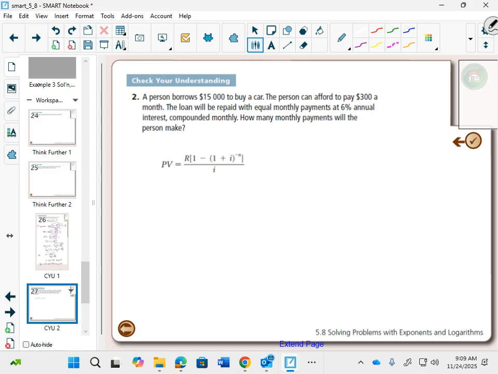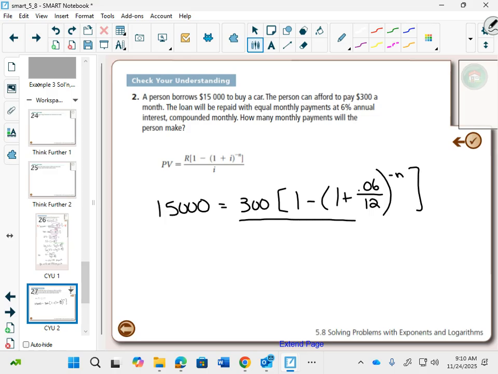So in this case, you have borrowed $15,000 to buy a car. Your payments are $300 a month. Interest rate at 6% compounded monthly. And again, all of these things would be explained to you in the question, where to put them in and how to put them in.